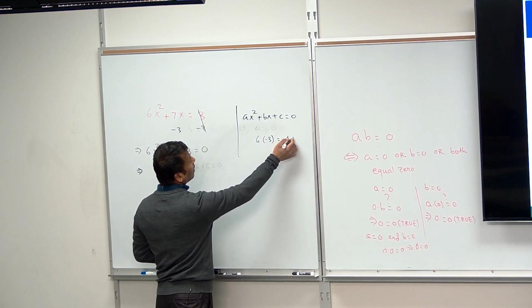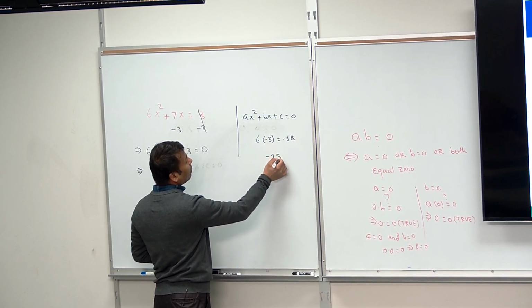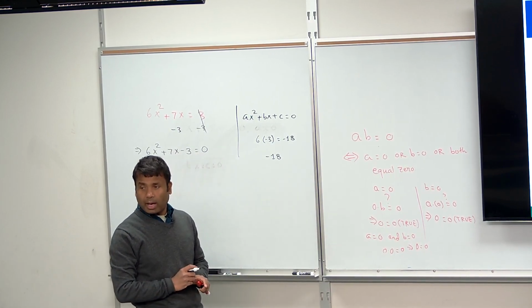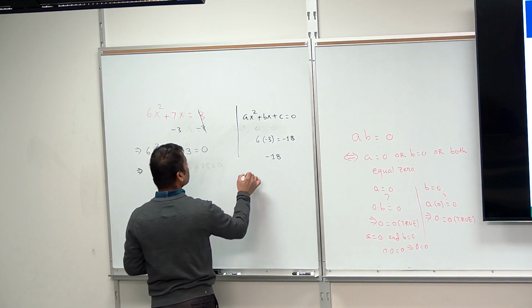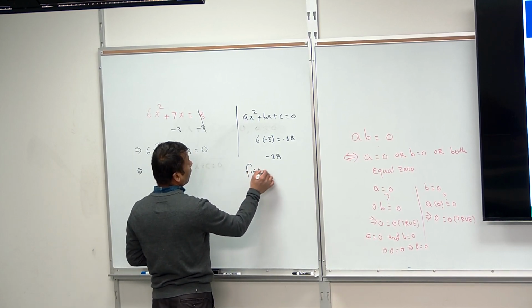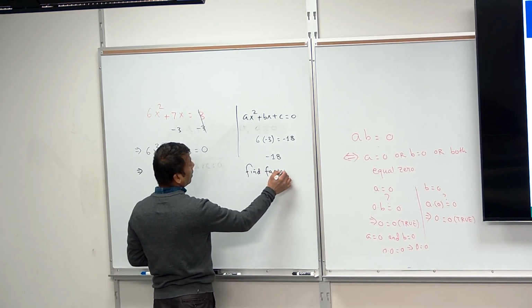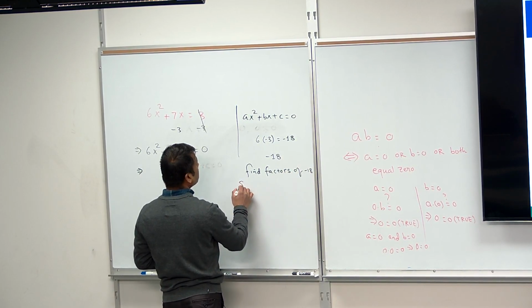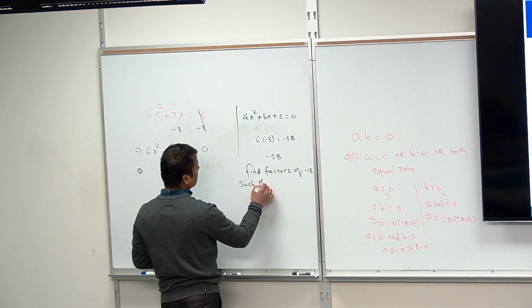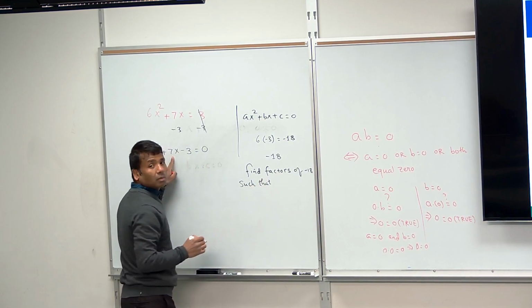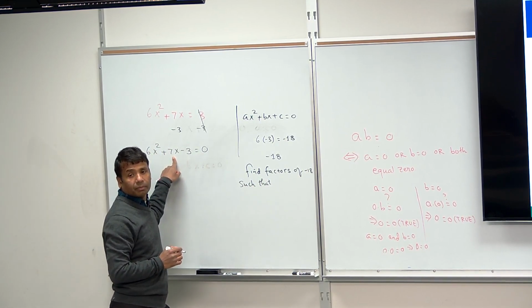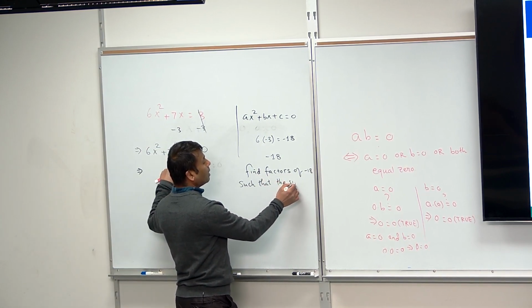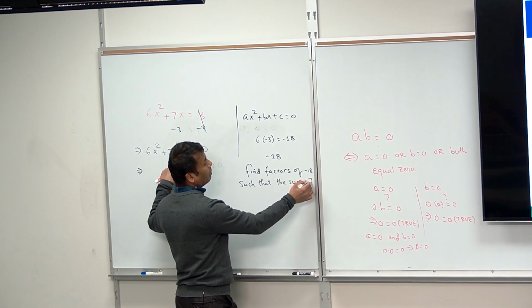Negative 18. So now you need to find factors of negative 18 such that the sum is positive 7.